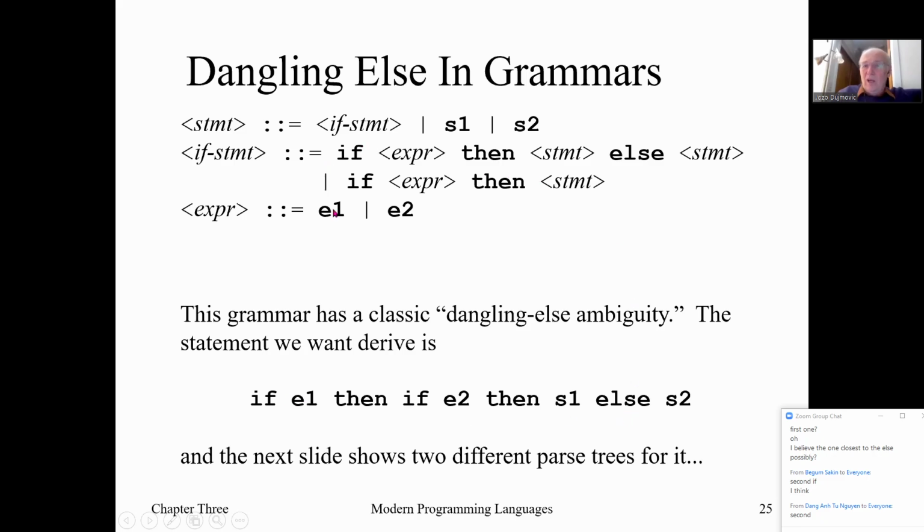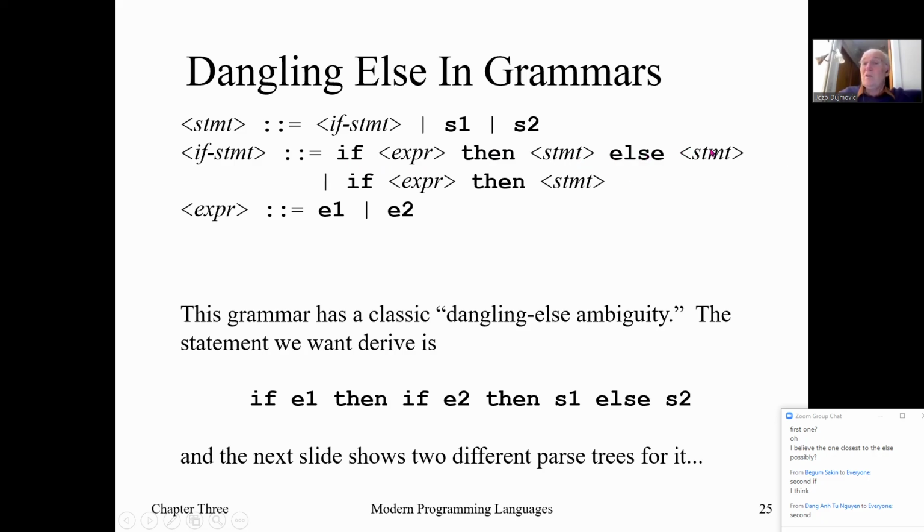And now how to write the grammar, the syntax. So it says statement can be if statement or statement 1 or statement 2. Okay, so now let us say what is if statement. Okay, if statement is written as if expression, then statement, else statement.